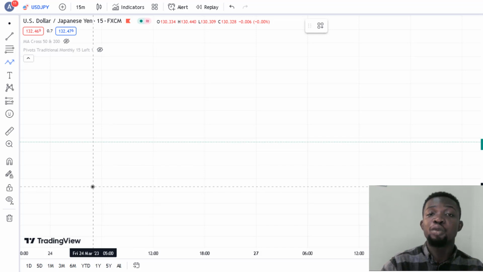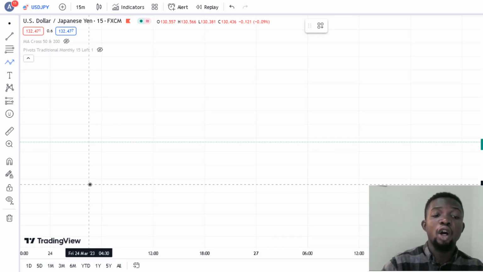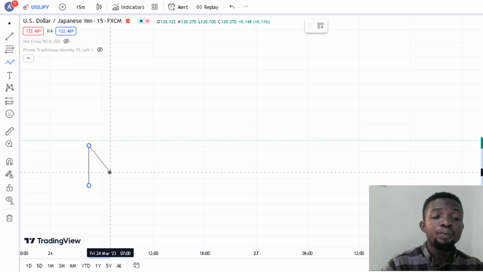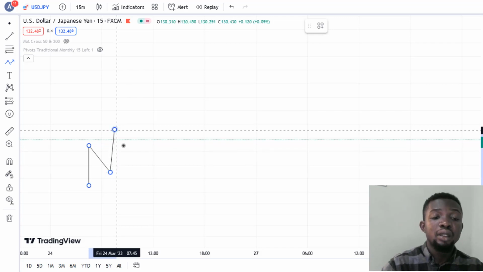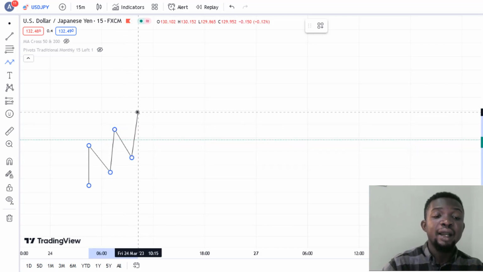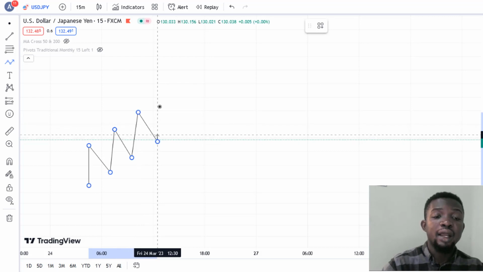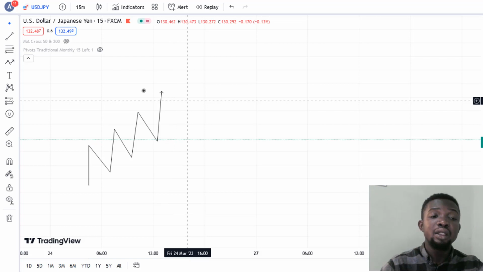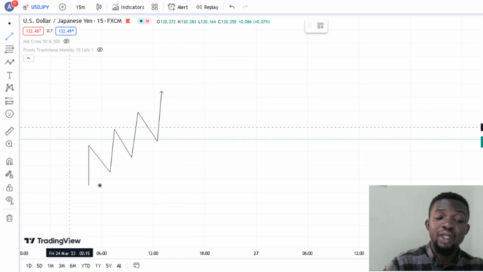Reminding us on how the uptrend market moves, we said uptrend market creates higher lows and higher highs, and the trend continues like that till we eventually have a breakout.